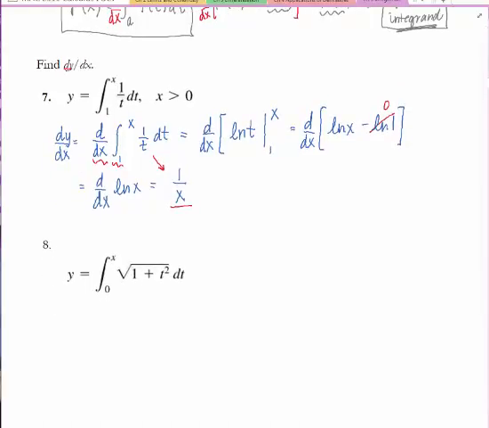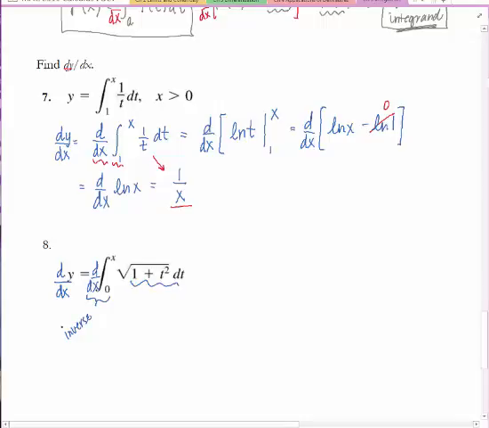In fact, the only way we can do example 8 is to take the derivative with respect to x of the definite integral. Well, we don't know how to integrate this. It's continuous from 0 to x. There must be some function that has a derivative that is this, but I don't know what it is. So by the fundamental theorem of calculus part 1, the derivative and the integral are inverse operations.